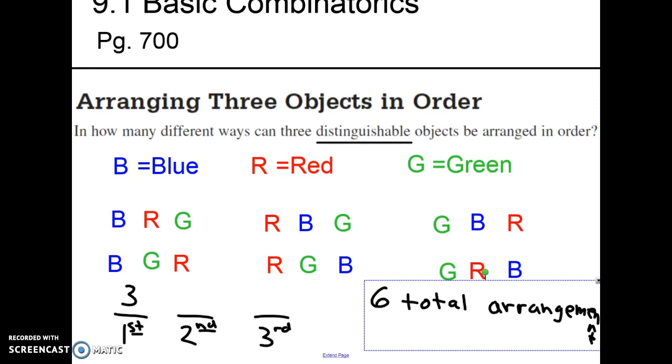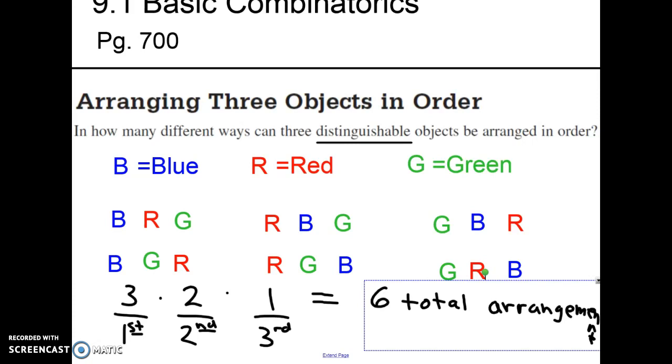But after we select our first one, we don't have 3 pens to choose from anymore. We only have 2. And so for our second choice, we only have 2 options. And then after we do that, for our third option, we only have 1 to choose from. Okay, and then hopefully you can see if we had these numbers, 3, 2, 1, and if we were to multiply these, 3 times 2 is 6, 6 times 1 is 6, we would get to that same answer much, much faster.